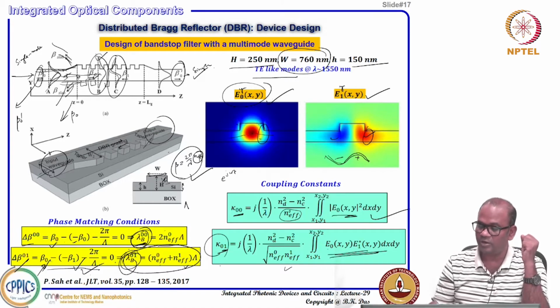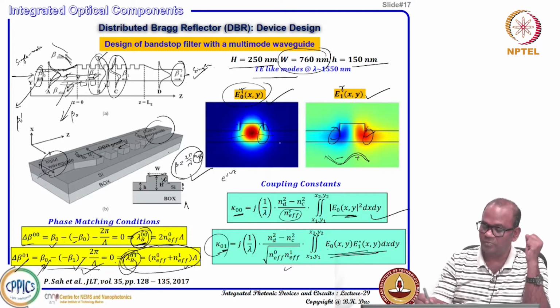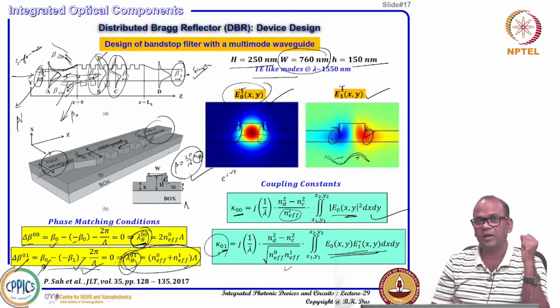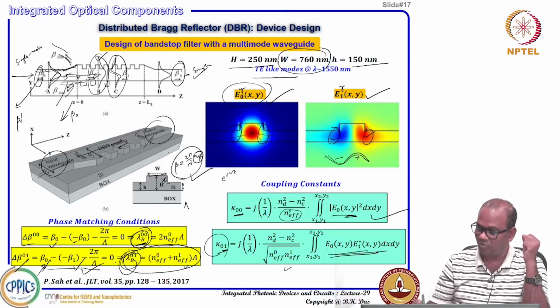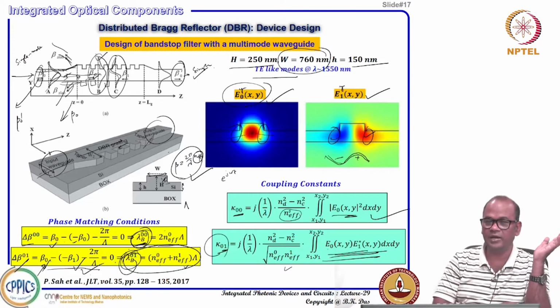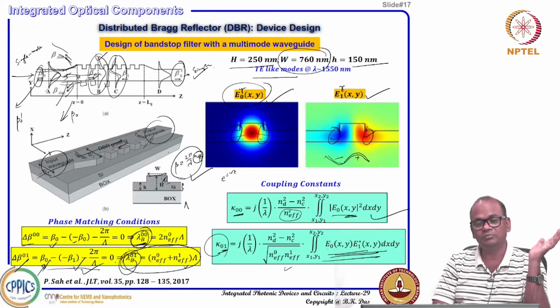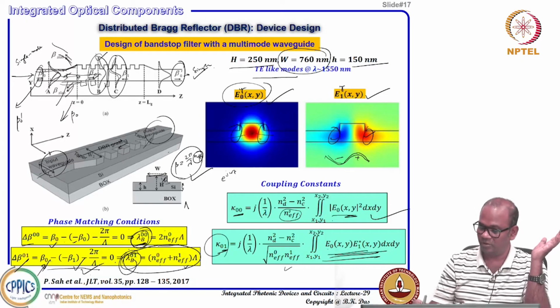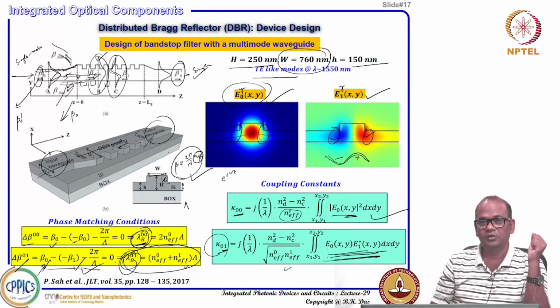If you integrate, you get a positive value, but if you multiply this side, you will be getting negative. So one half of the integration gives you positive overlap, the other side gives you negative overlap.